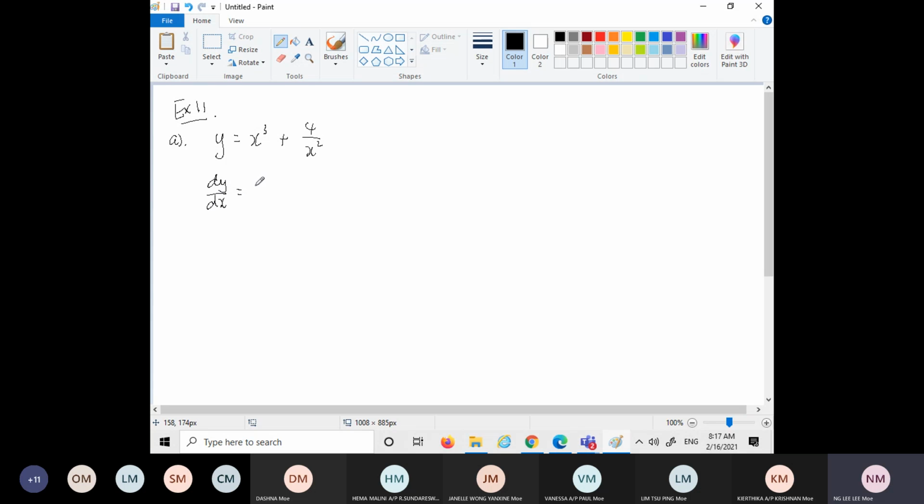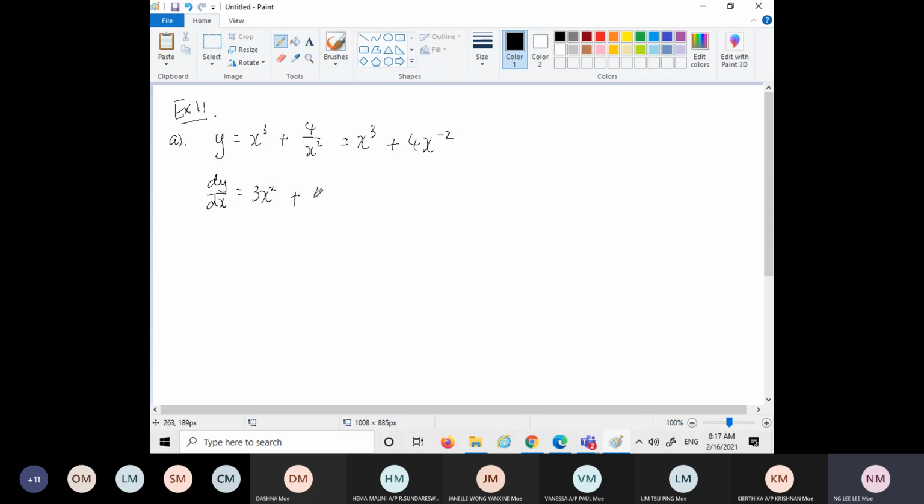You differentiate x to the power 3, you will get 3x^2. And when you differentiate this, before that, maybe this one I change into index form. So 4 over x squared becomes 4x^-2.